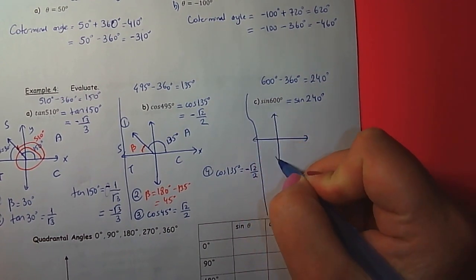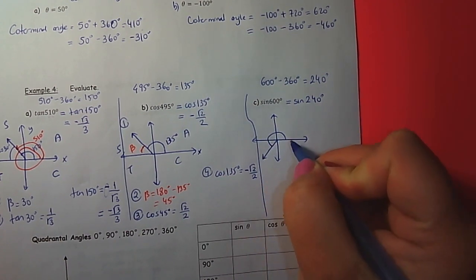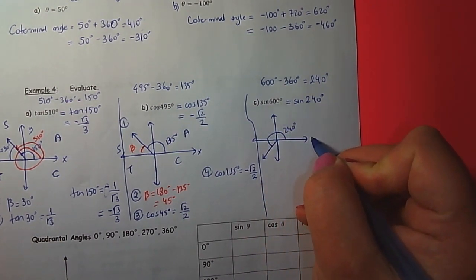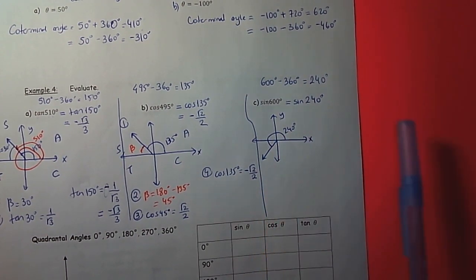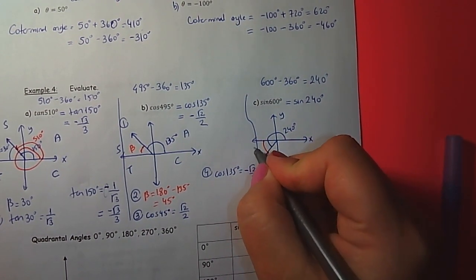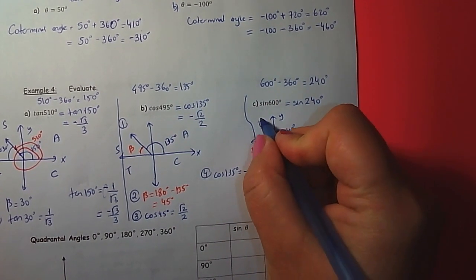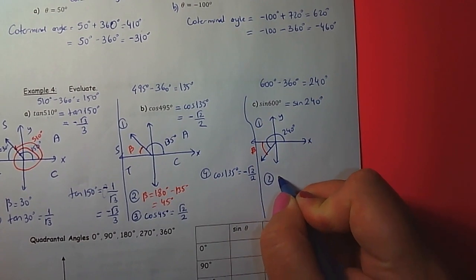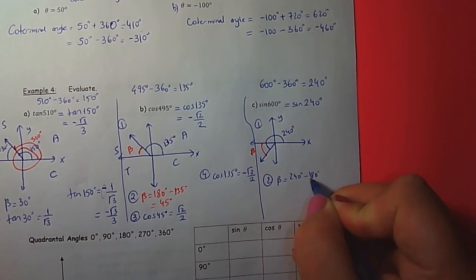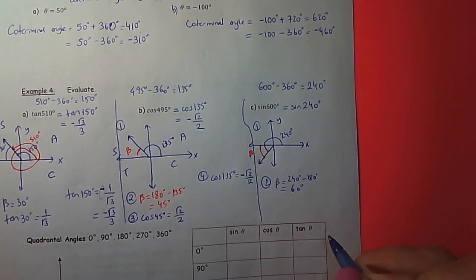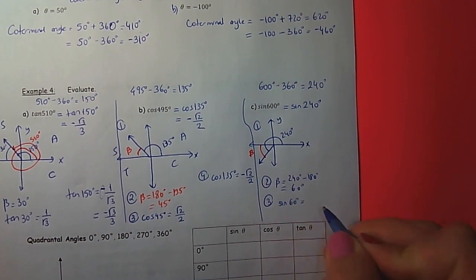Step 1, 240. We are in quadrant 3. Find beta. Beta is 240 minus 180, so that gives us 60 degrees. Step 3, find the ratio for the related acute angle.